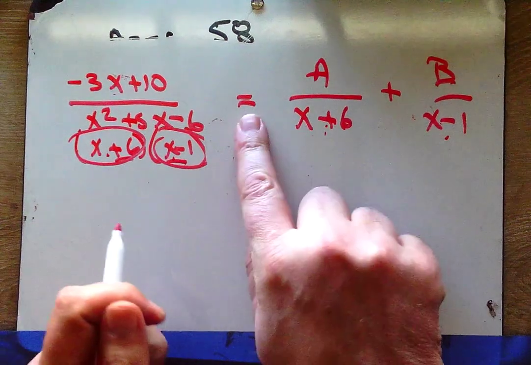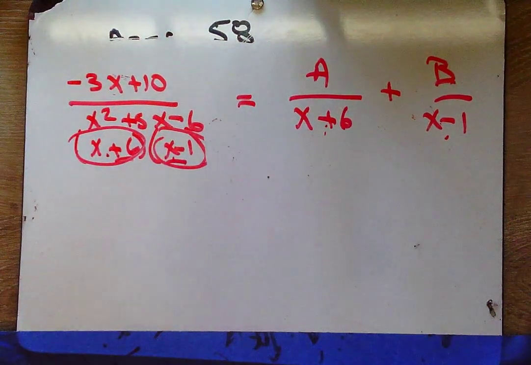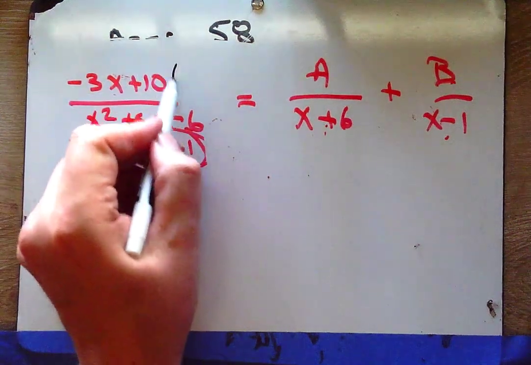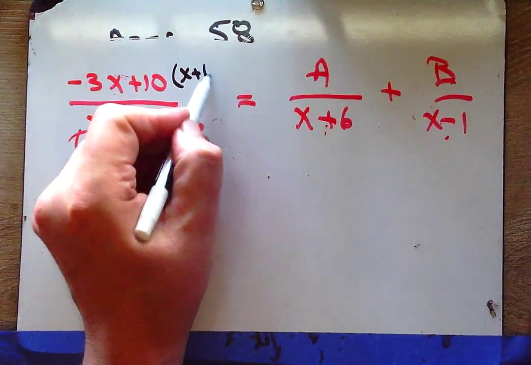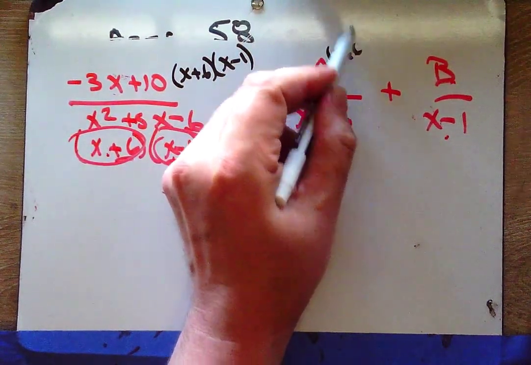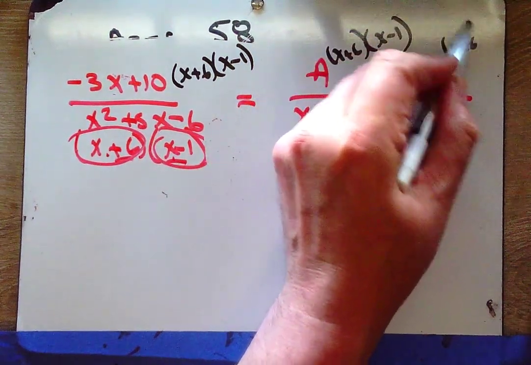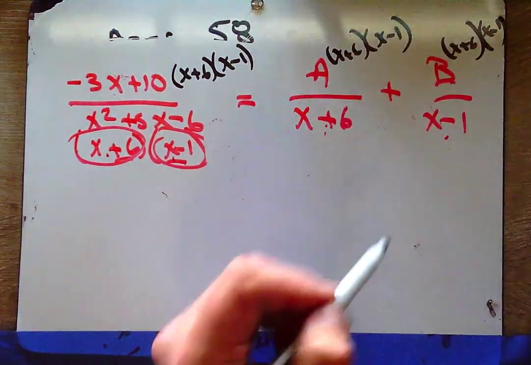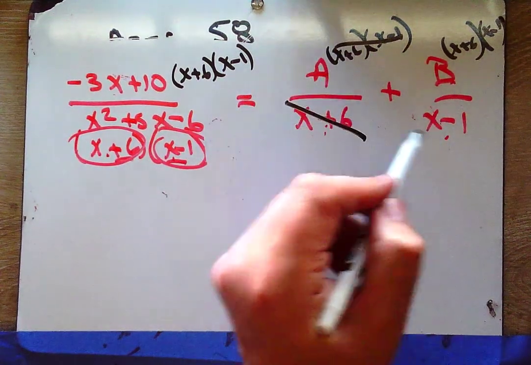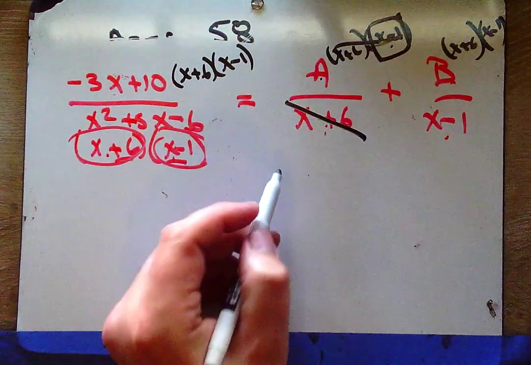Now I see this. Remember what we do when we have an equal sign? When we have an equal sign and rational functions, we can multiply everywhere by that least common denominator. And so what's going to happen? The x plus 1 is still there. So a times x plus 1.